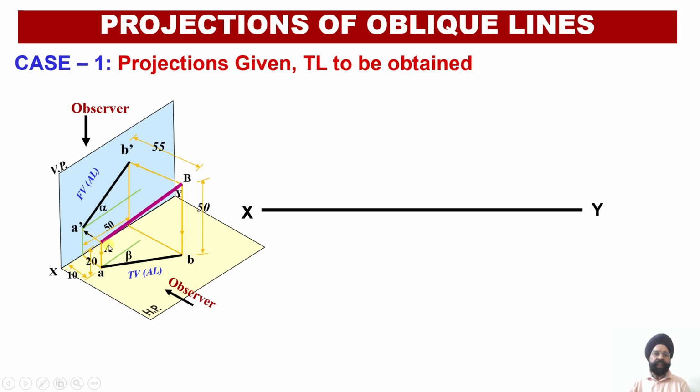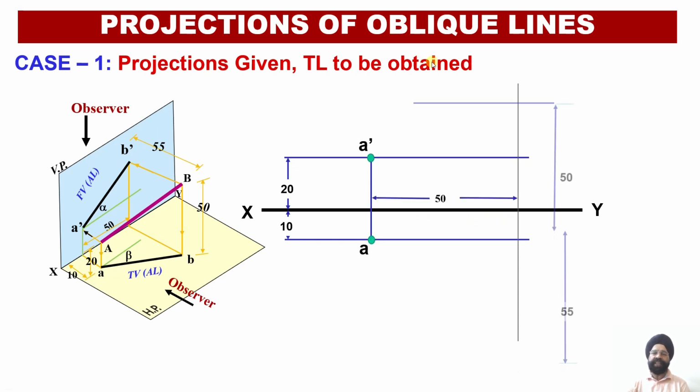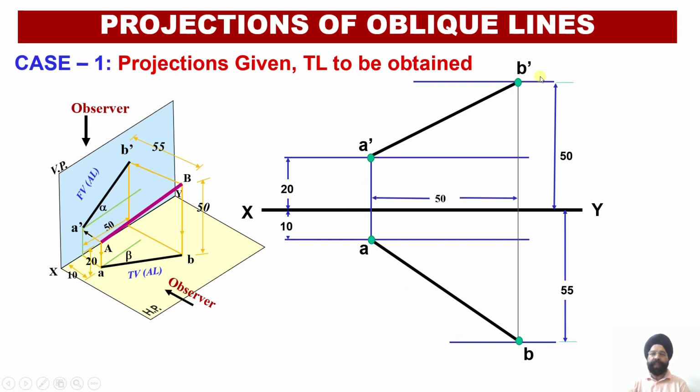Since the coordinate distances of end A and end B are different from HP and VP, the projections will not be parallel to the XY reference line; they will always be inclined to it. This is the basic indication that the line we are talking about is an oblique line. So these are the projections of an oblique line.